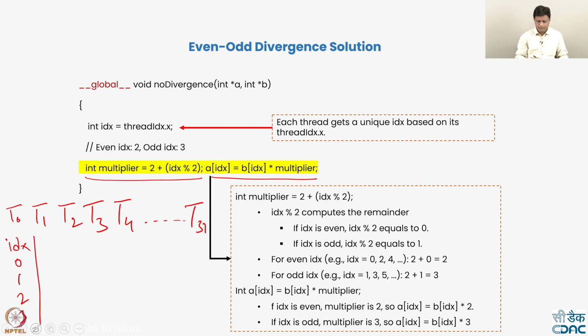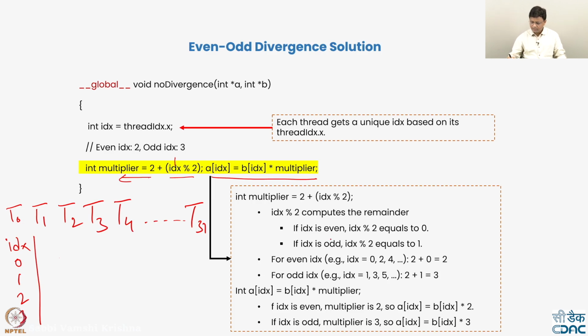When this value is passed into this expression, for even thread IDs this portion is always 0, so the value of 2 is copied to the multiplier. But in case the thread idx is odd, for example idx is 1, then the remainder is 1, and that 1 is added to this 2, and the value of the multiplier will be 3.